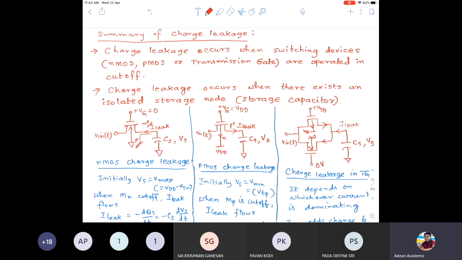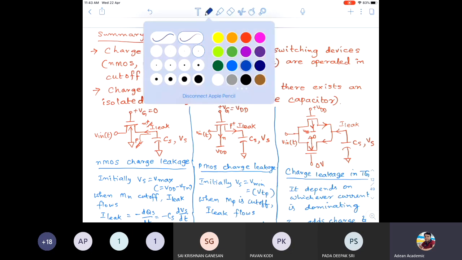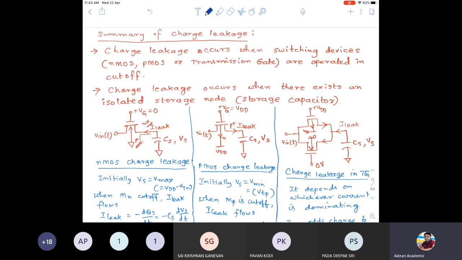The storage capacitor earlier may be holding some charge. In this case, the capacitor is initially holding Vmax, when this transistor was on. When this transistor changes its state to cutoff, this capacitor is now isolated, and the leakage current flows from this capacitor to the ground through this junction.